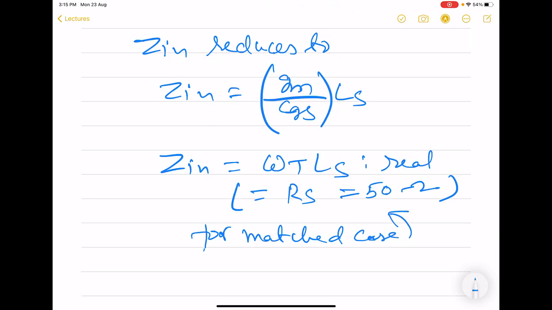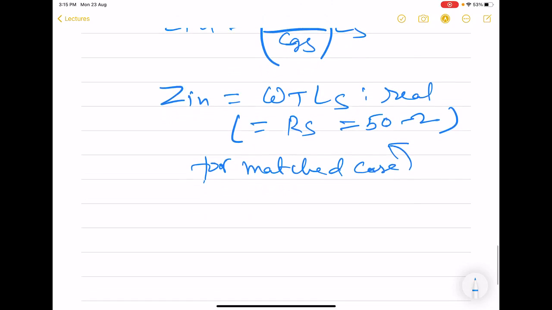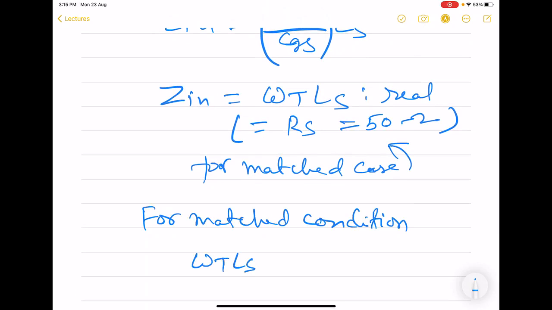This is going to be value. So when we do the matching, for match condition, what we will have is omega_T L_S is equal to R_S.